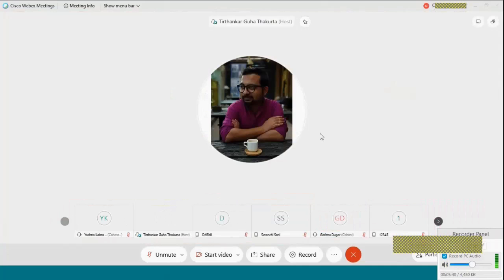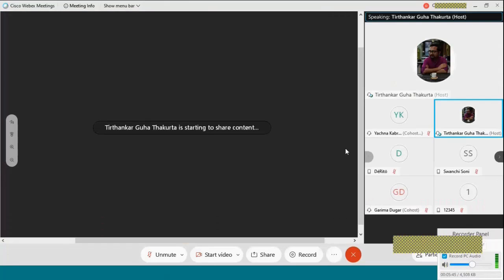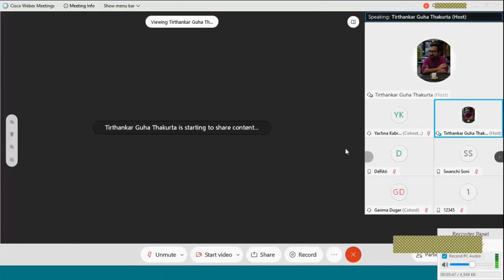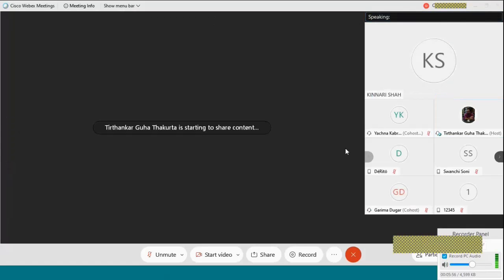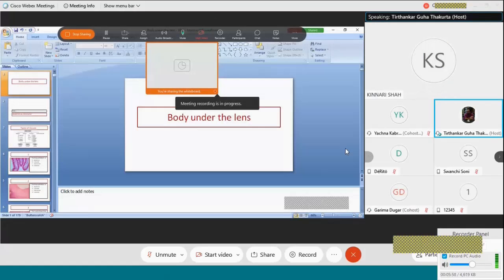As the participants must know, today's session is an integrated discussion on the histology that you learn in the first year and the histopathology that you are taught in the second year. Now, let me explain briefly how this class is going to happen.